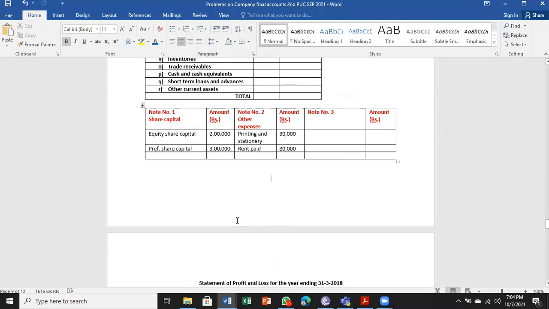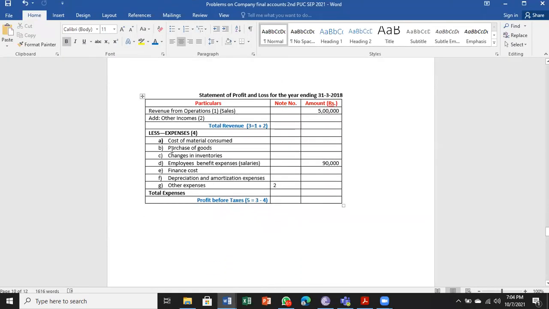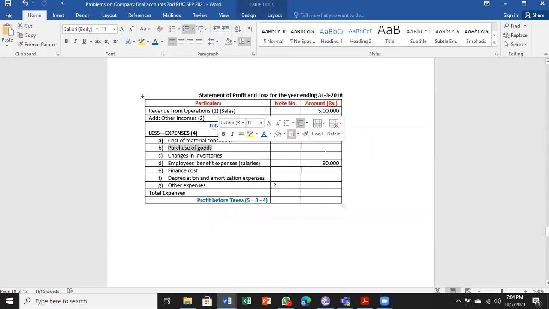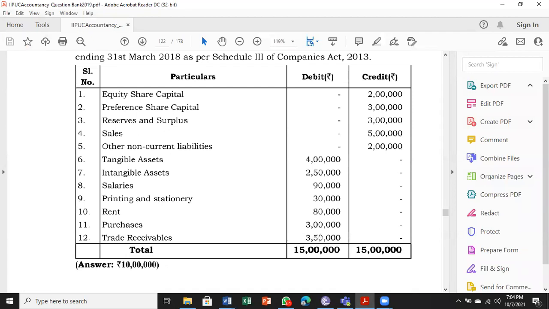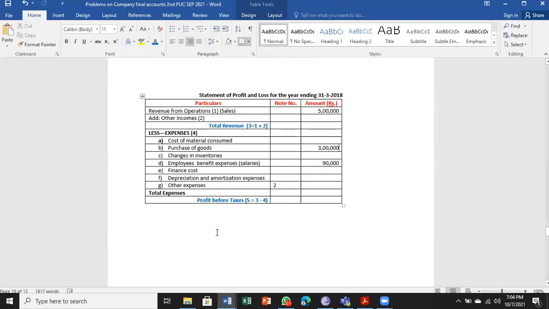Next, purchases 3 lakhs. Purchases we can straight away take in the income statement. Purchase of goods 3 lakhs, only one amount. Next, trade receivable 3,50,000. Trade receivable means, remember, asset.